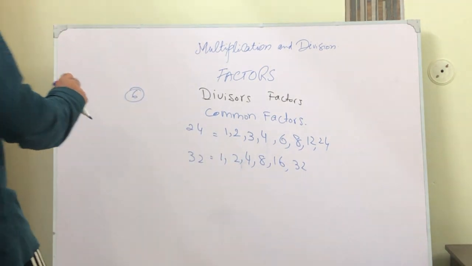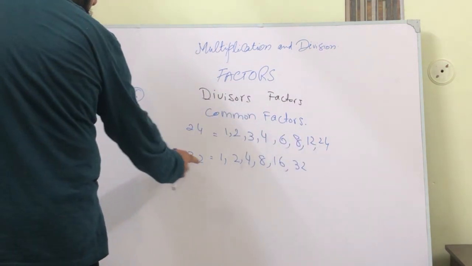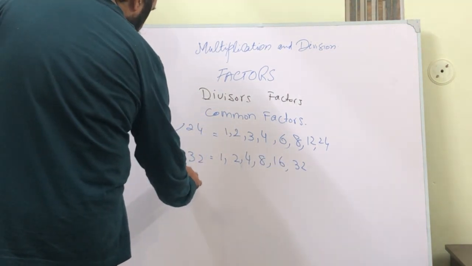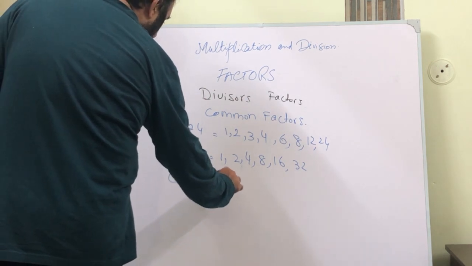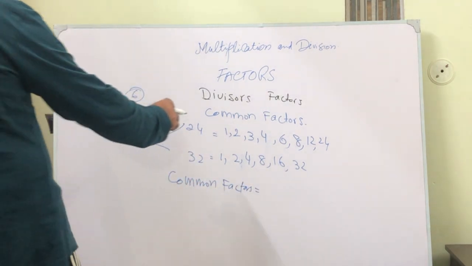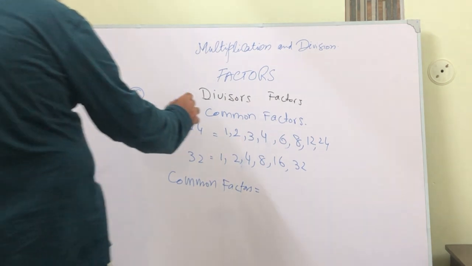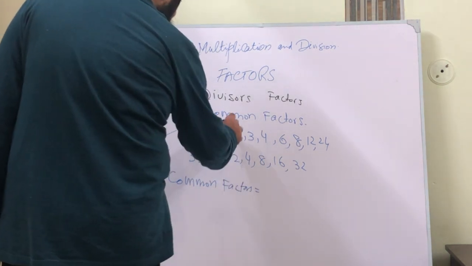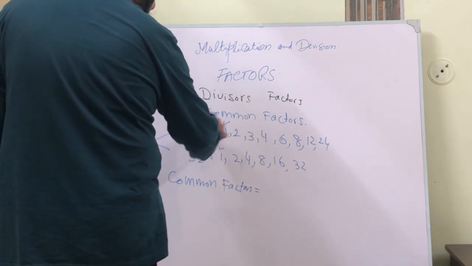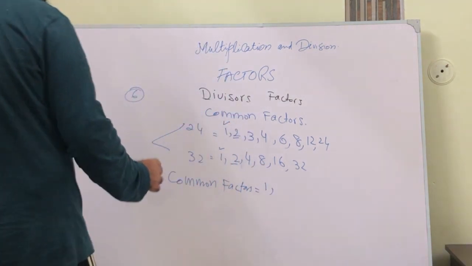Now we have the factors for 24 and the factors for 32. We need to find the common factors of these two. Common factors means the numbers which are present in both factor lists. For 24 and 32, we see 1 is here, 1 is here, so this is common. 2 is here, 2 is here, so this is common.